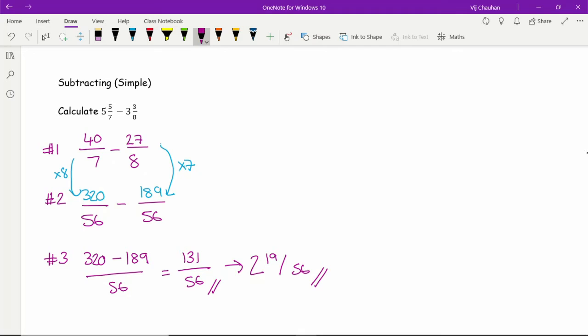And there is your final answer. So you can see there that the method is exactly the same. The only thing that's different is because we're taking away, we just subtract the numerators. The denominators stay exactly the same.